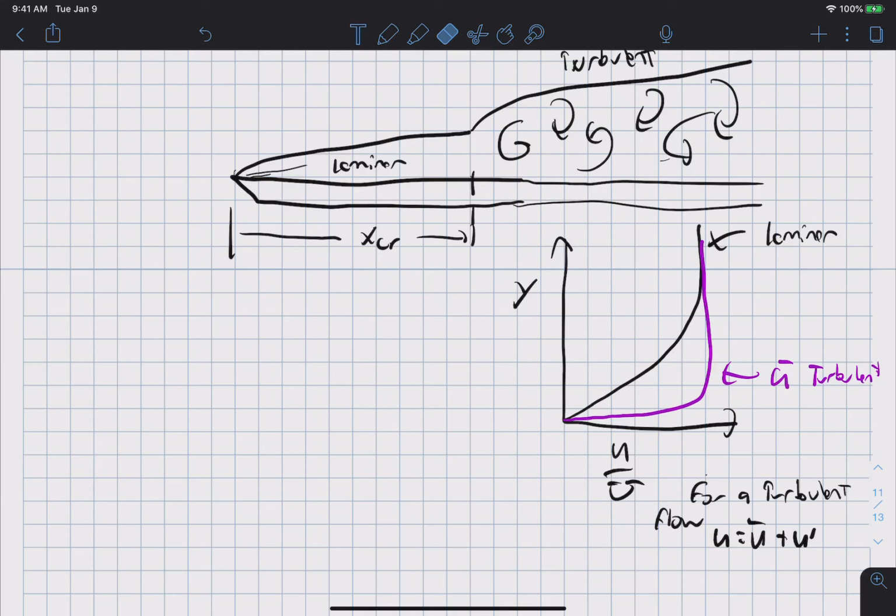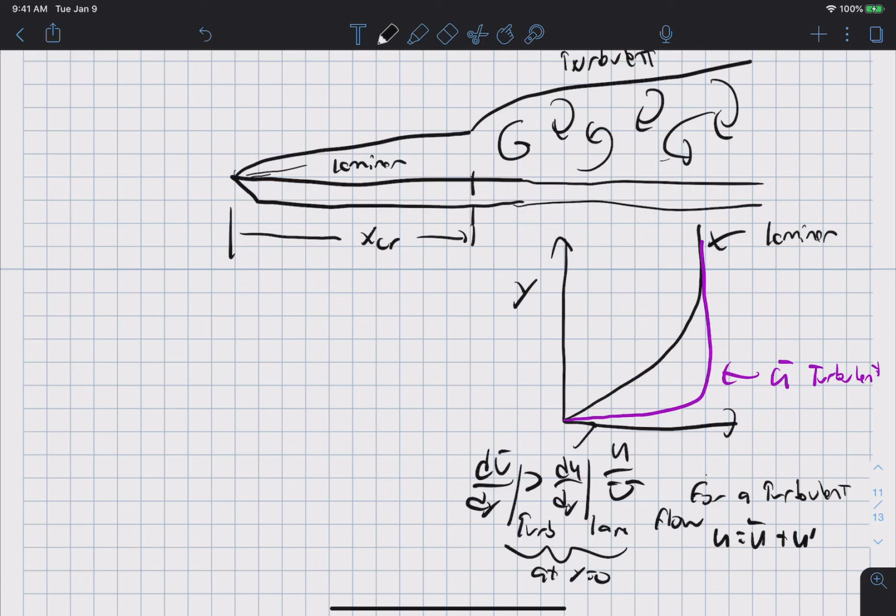And then what all these vortices do, by transferring some of the high momentum fluid down closer to the flat plate, is squash the mean velocity profile down to where d U bar dy for turbulent is greater than dU dy for laminar at y equals 0.